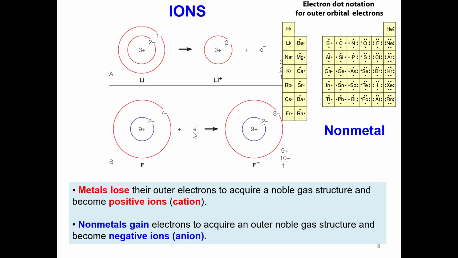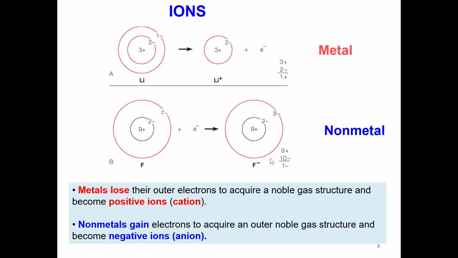The fluorine has 9 protons, but because it gained 1 electron, it now has 10 electrons. The net charge will be -1. This is the neutral element, but here we have the ion of fluorine.